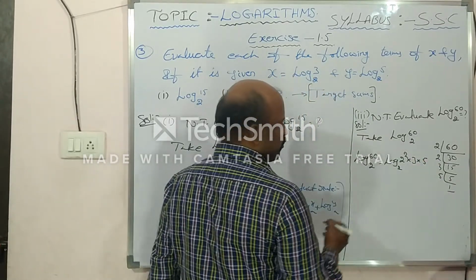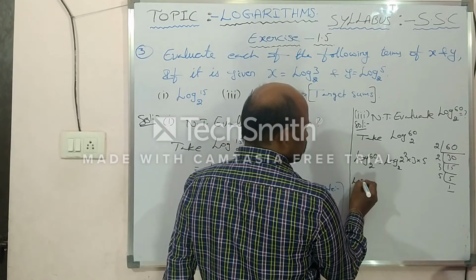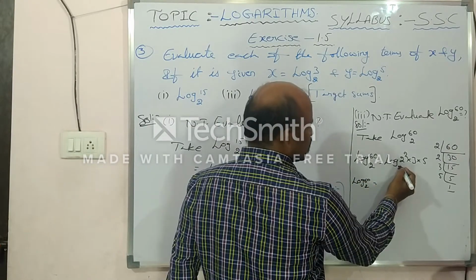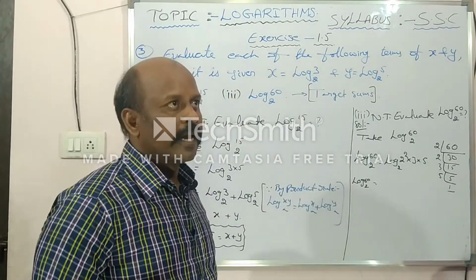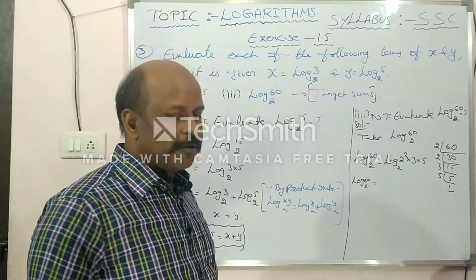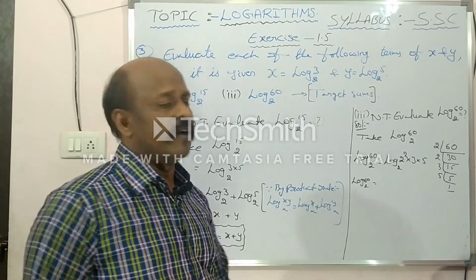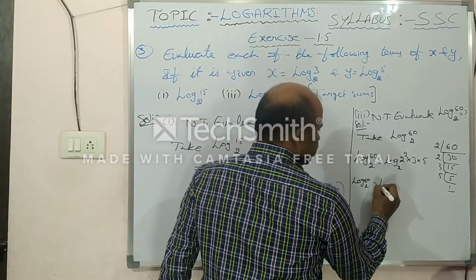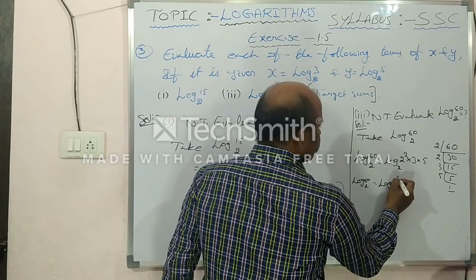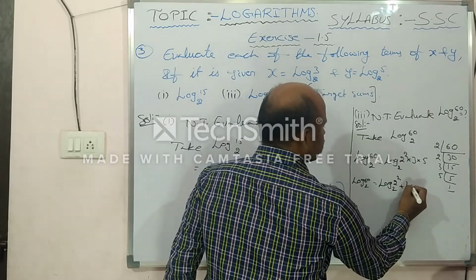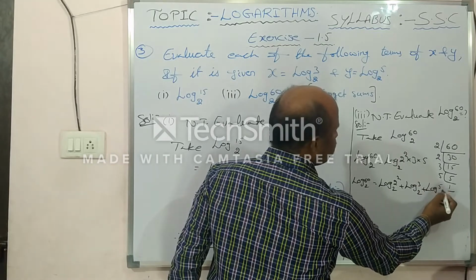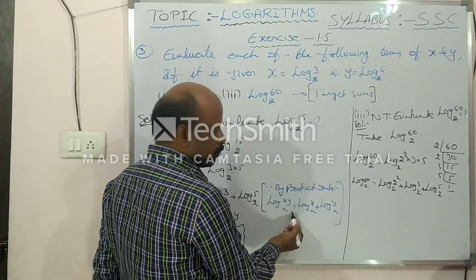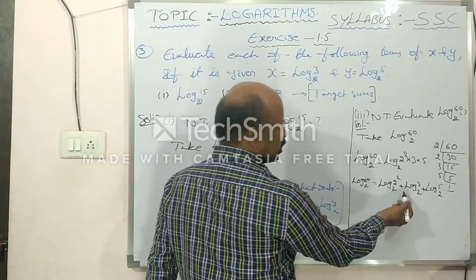So I wrote it as a product of prime factors. Again log 60 base 2 is equal to this one, log xyz, just like the log xy formula, product rule. Again I am going to split into log x plus log y. So this one I am going to write log 2 square base 2 plus log 3 base 2 plus log 5 base 2. Here already product rule I wrote, like that only I split it.